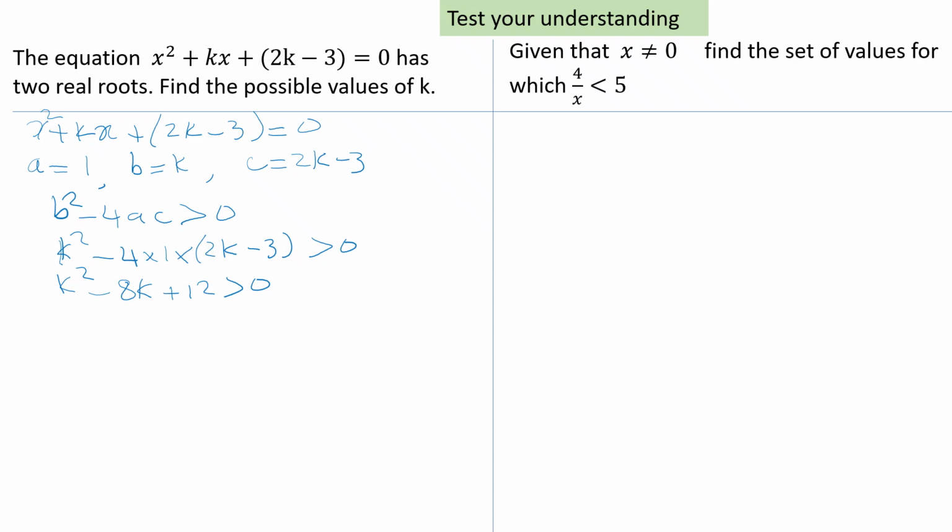If you multiply to get 12 and add to get negative 8, so k minus 6 and k minus 2. If you equate to 0, k minus 6 equals 0, k equals 6. And k minus 2 equals 0, k equals 2.